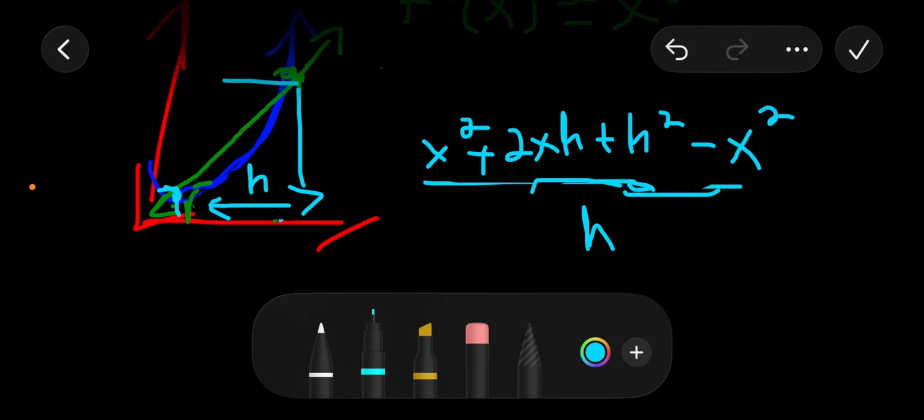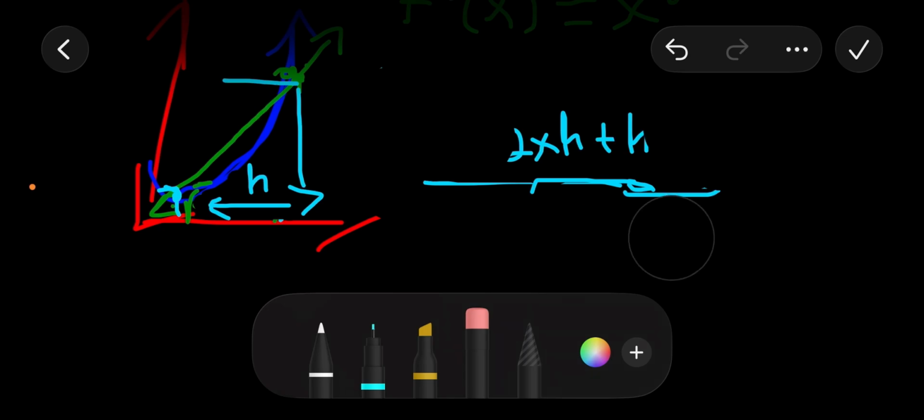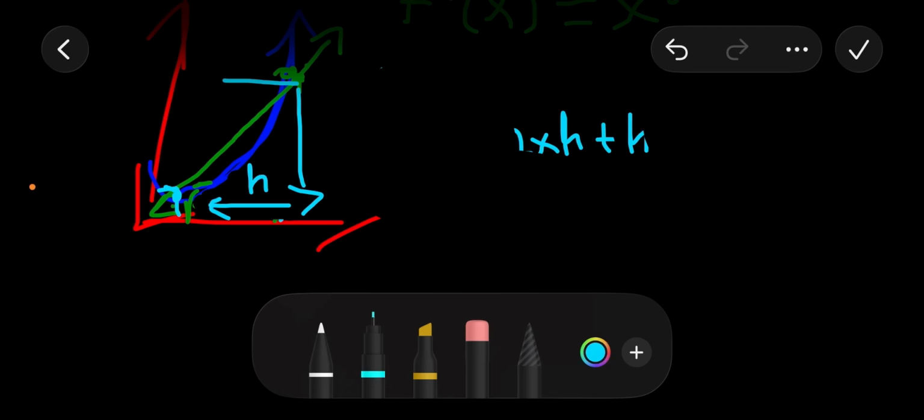Now, x squared and x squared cancel out on the top and just leaves us with 2xh plus h squared. We could factor out an h, so we actually just have 2x plus h. And finally, remember what I told you about derivatives.